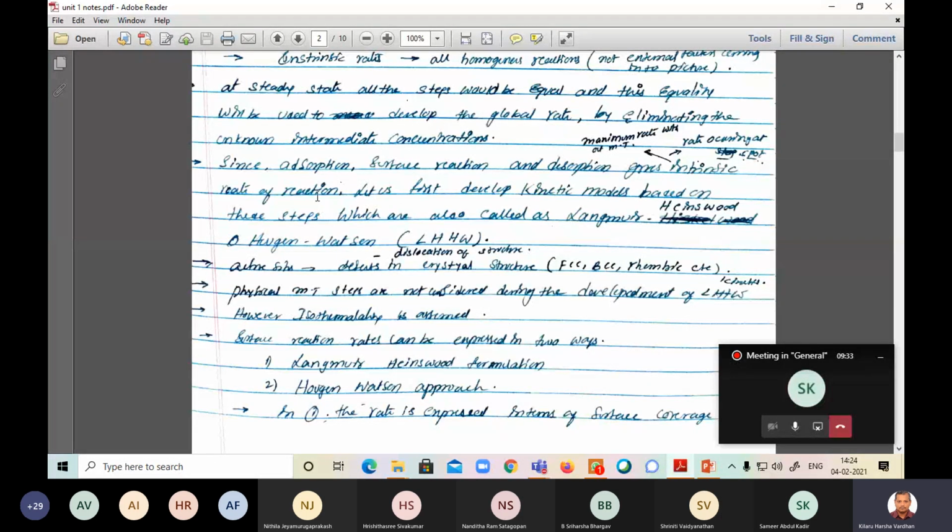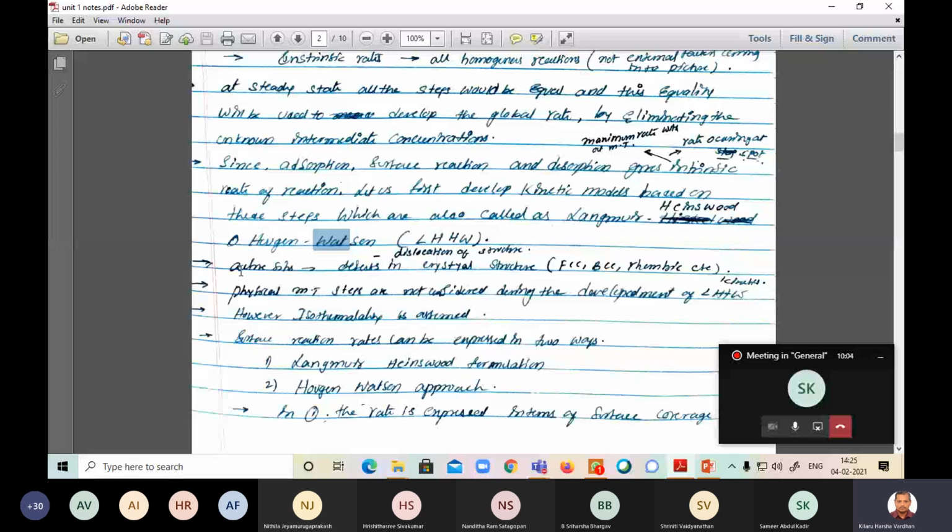If you want to get a global rate, the kinetic models are known as Langmuir, Hinshelwood, Hougen, Watson. So LHHW kinetics they call it.